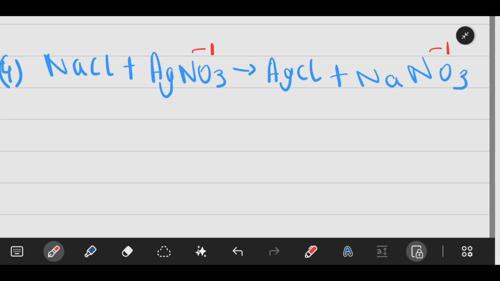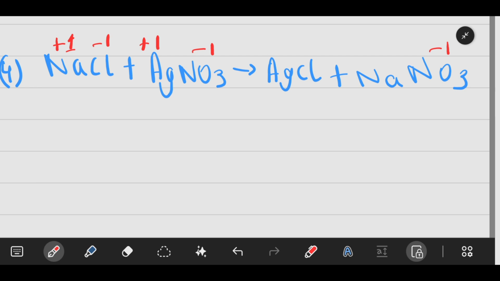Now sodium belongs in group 1, so it has a charge of plus 1. Chlorine is in group 7, so it has a charge of minus 1. And silver is a transition element. In order for this compound to be overall 0, silver has to be plus 1, because the second rule of oxidation numbers is that the overall oxidation number of a compound is 0.